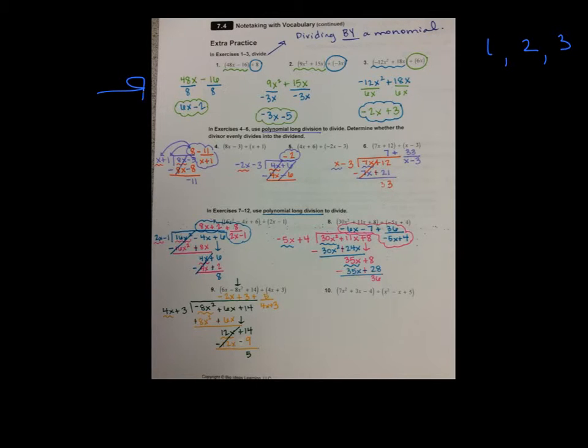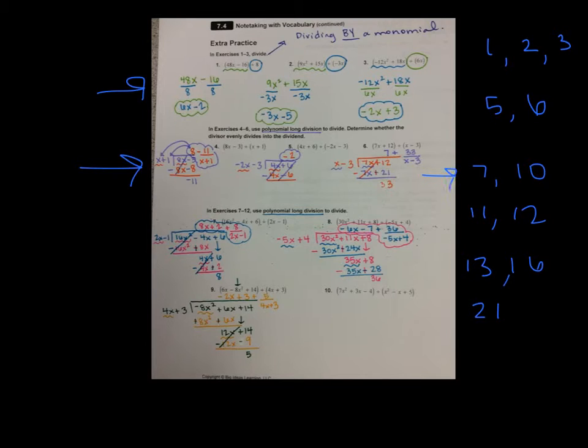Those are monomial division. Then you circled 5 and 6. Those are binomial division. And then we did 7, 10, 11 and 12, 13, 16, and 21.